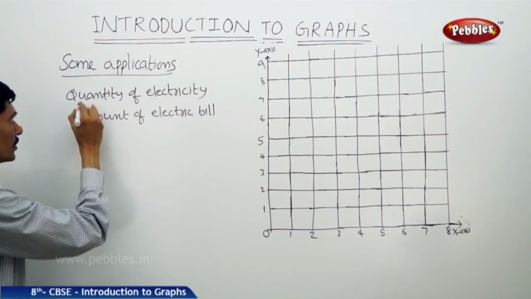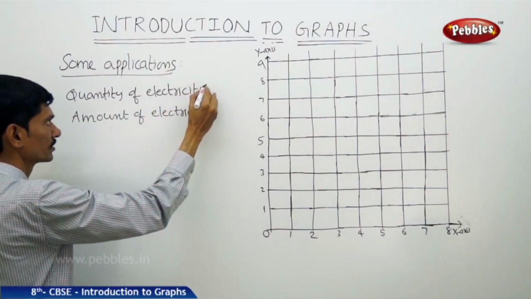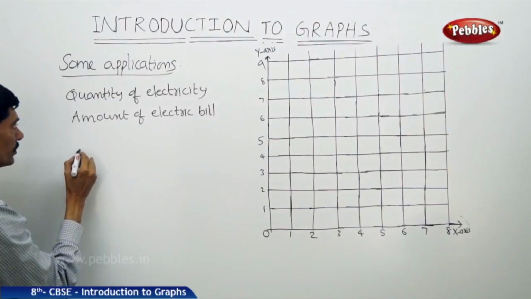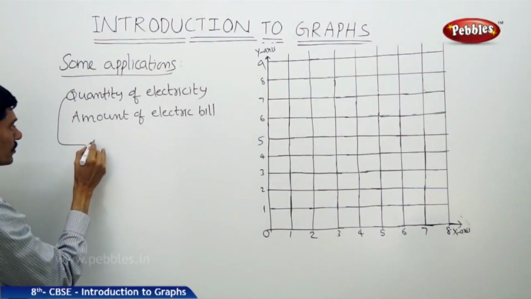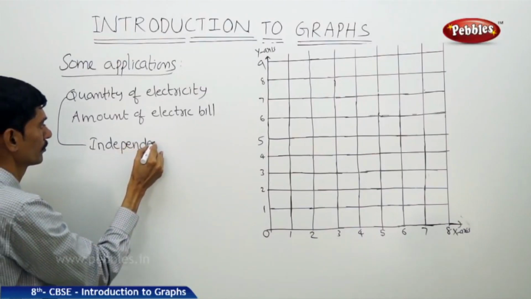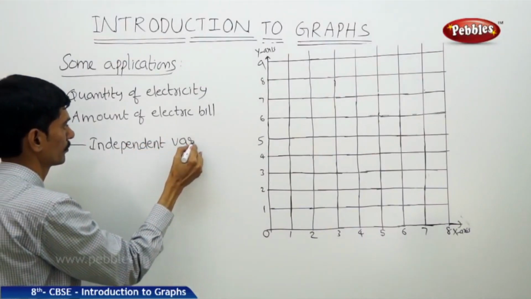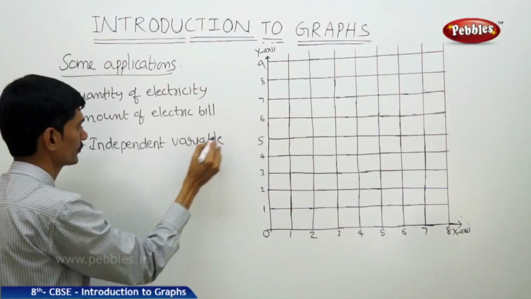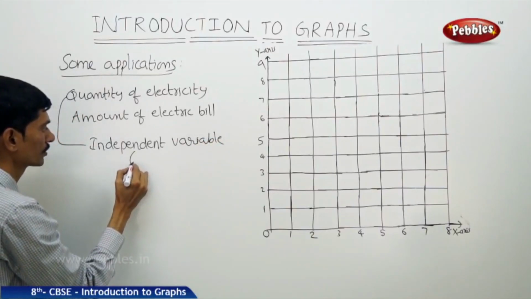So here the quantity of electricity is called independent variable, or sometimes it is also called control variable.